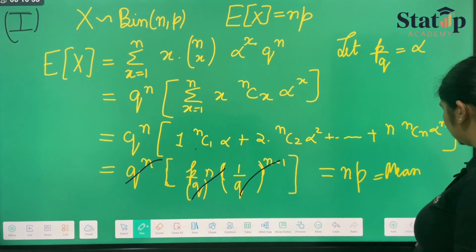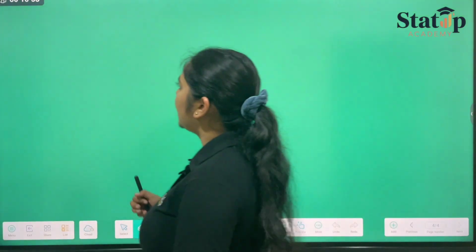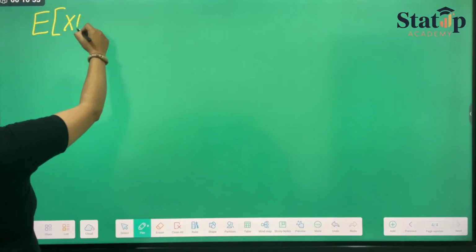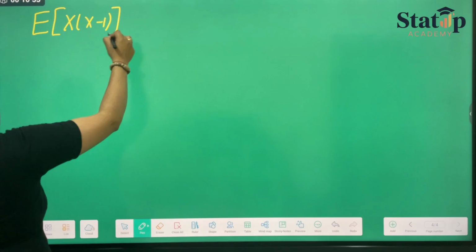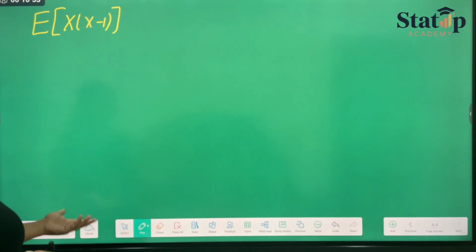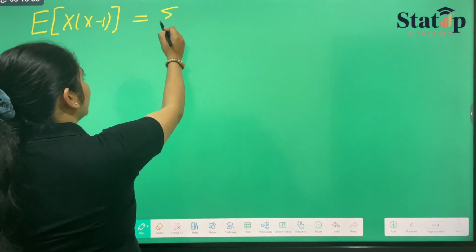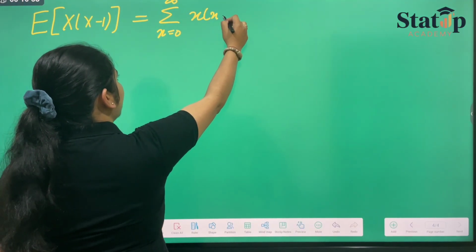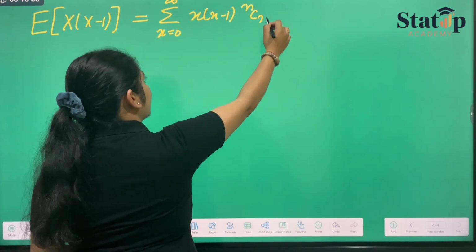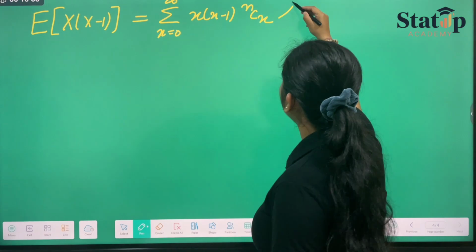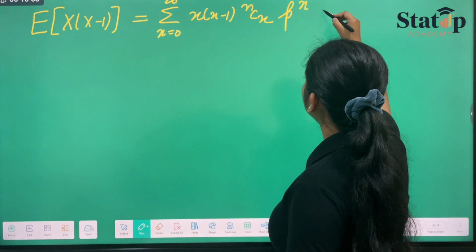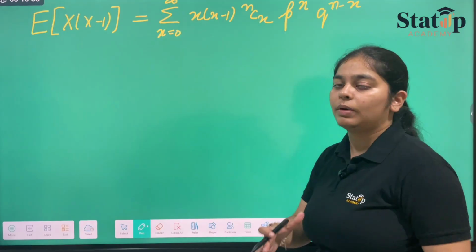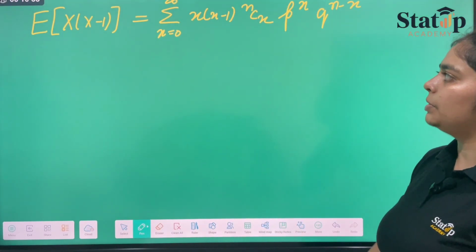Now we've got this. The second thing, that if we have to find expectation of x into x minus 1, then what will we do? So similarly, we'll take summation over x goes from 0 to n, x into x minus 1, nCx, p raised to the power x, and q raised to the power n minus x, and we'll continue like the way we did for the previous one.